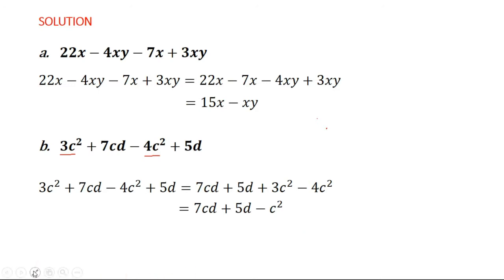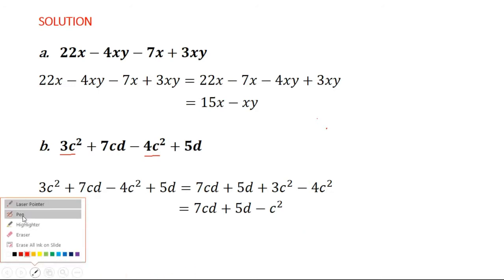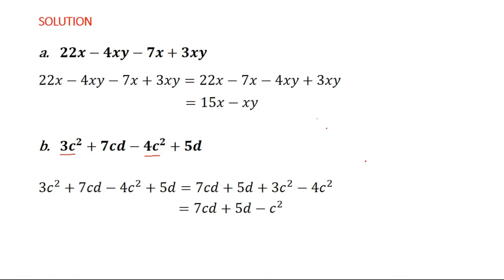So we are going to get minus 1 c squared. But just as we learned in the first example, minus 1 c squared is the same as minus c squared. So the answer for B will give us 7cd plus 5d minus c squared. We are not adding 7cd to 5d because they are not like terms.